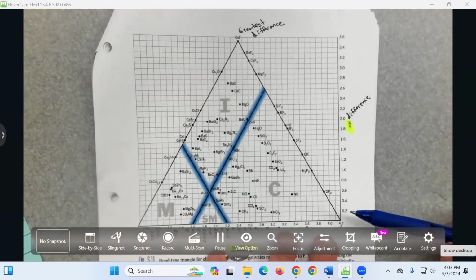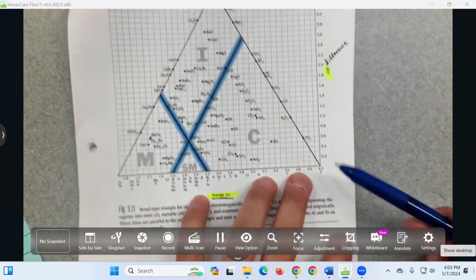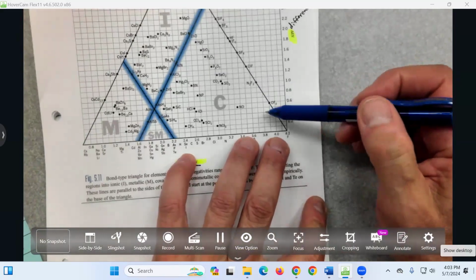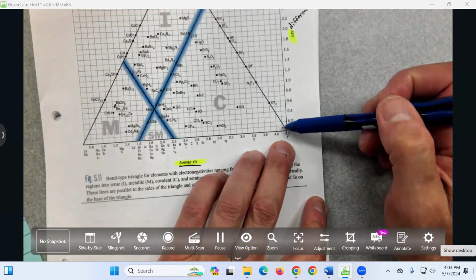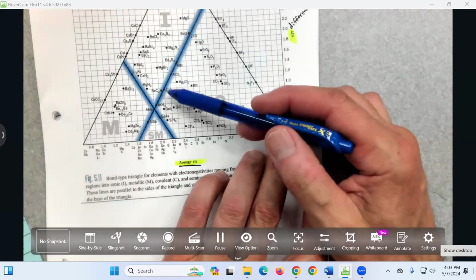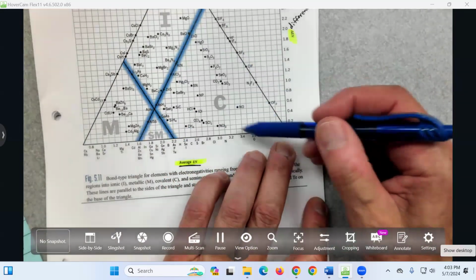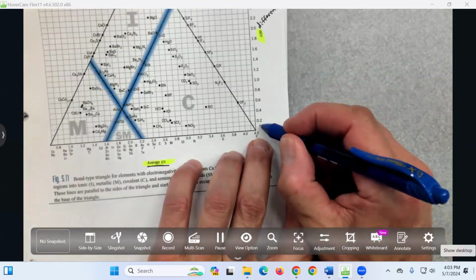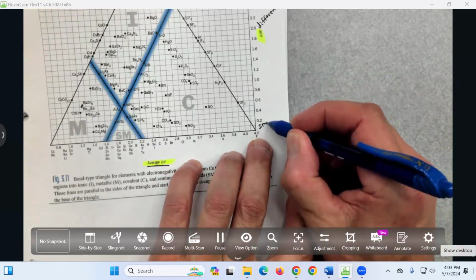The most covalent is in this bottom right corner that gets away from ionic, gets away from semi-metallic, this region over here. You have a small difference.